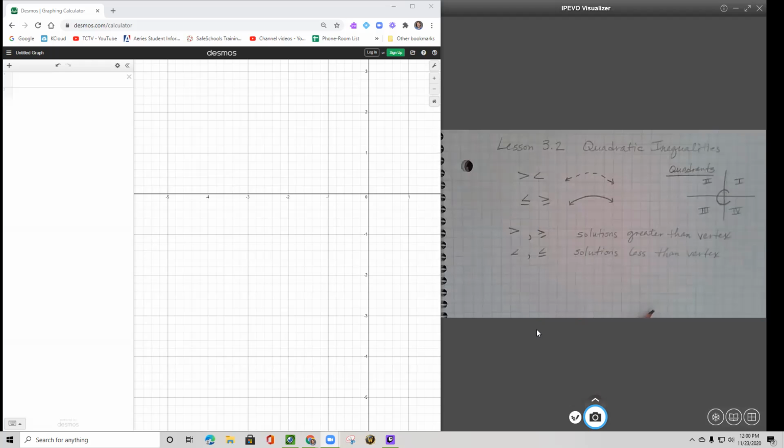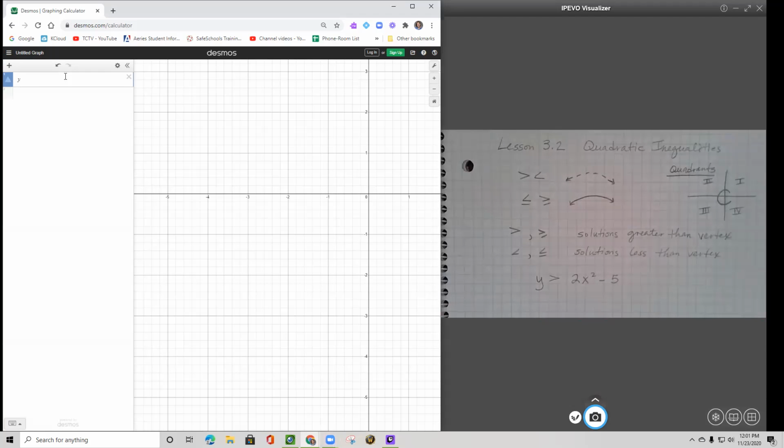That's basically it. So if I were perhaps graphing, let's see, y is greater than 2x squared minus 5, well, I can type that into any kind of graphing software that I have.